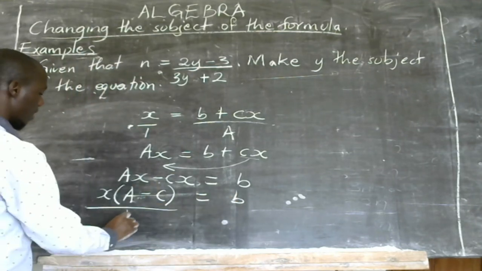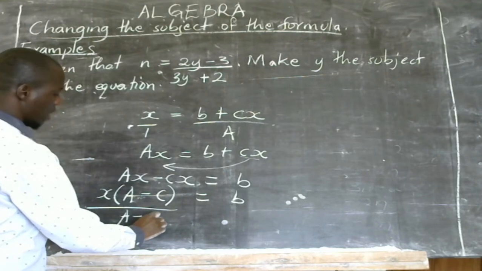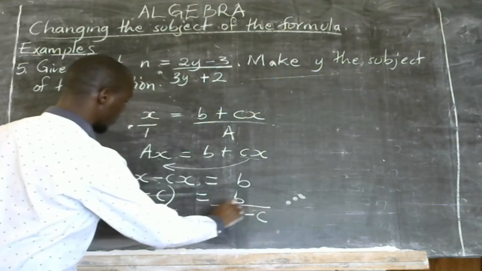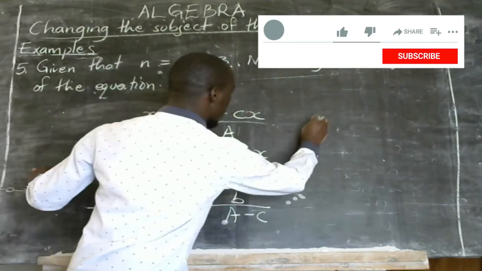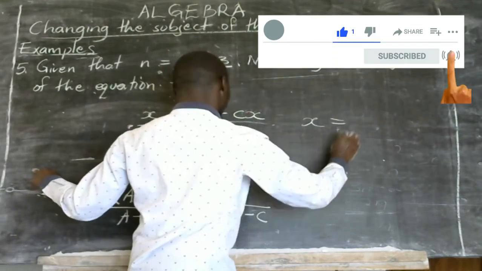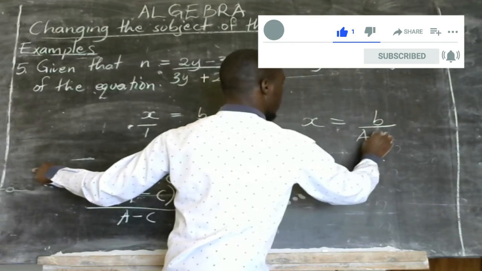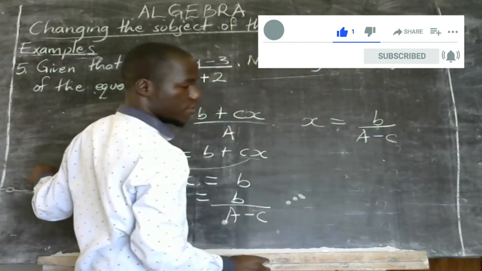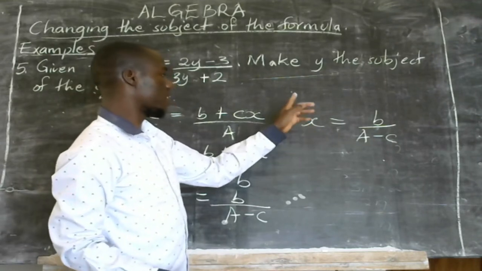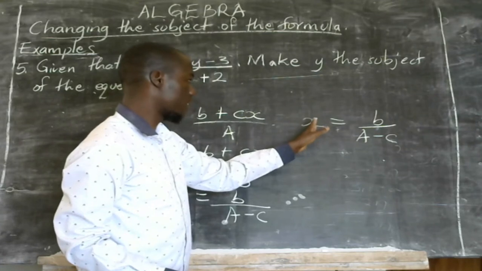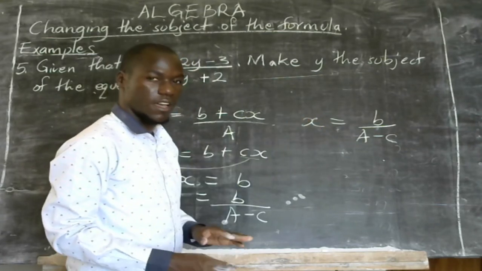Then you divide both sides by a minus c, such that you get the x to be equal to the b all over the a minus the c. Here you can see that there is only x in this whole equation. The x is only one side of the equation.